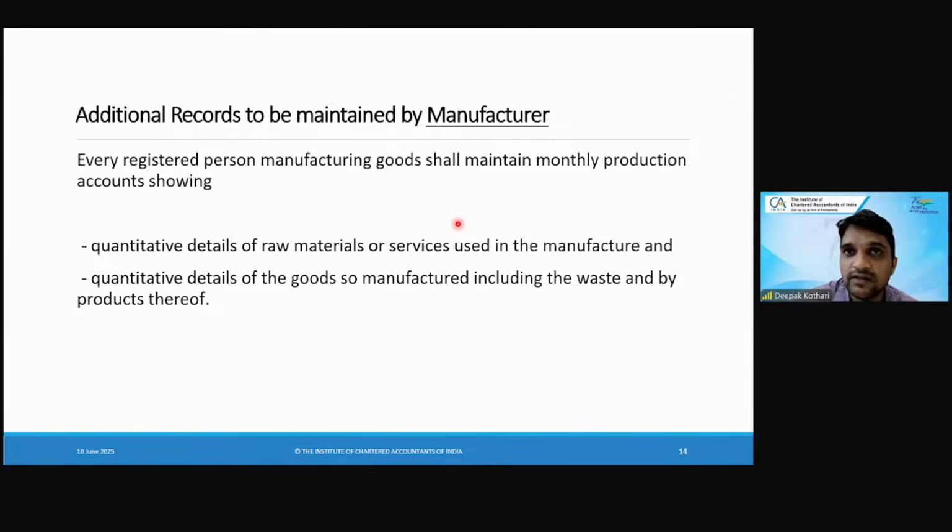Since it is expired, they cannot sell it as glucose. They will be doing an illegal activity if they sell it as glucose. So they will have to sell it as scrap, and apply the GST rate for scrap. Then they will have to charge GST and pay GST on it.